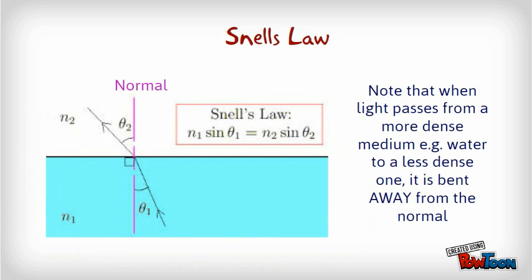Snell's law says that n1 sine theta 1 is equal to n2 sine theta 2. It's interesting to note that if light passes from a more dense medium into a less dense medium, then it will be bent away from the normal.